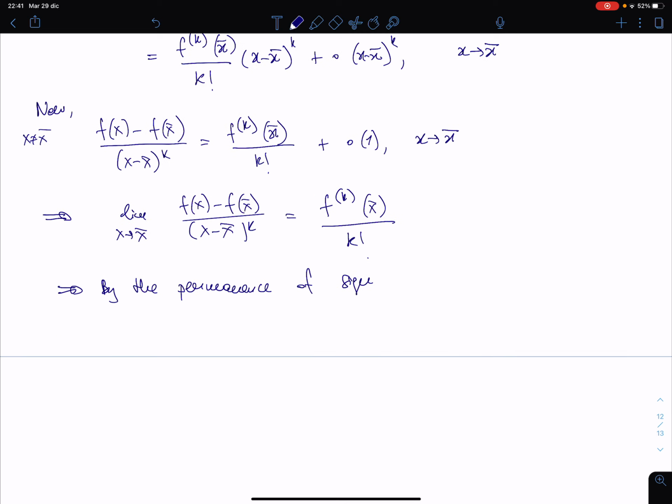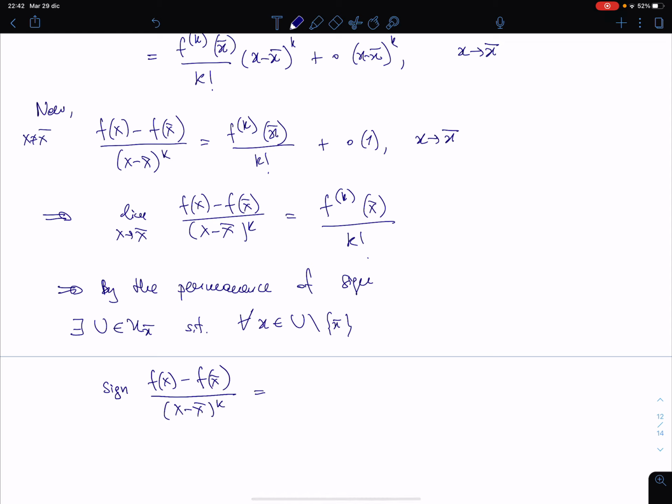So by the permanence of sign, there must exist a neighborhood U such that for every x in U minus x bar, the sign of f(x) minus f(x bar) divided by (x minus x bar) to the k is equal to the sign of f^(k) of x bar divided by k factorial, which is equal to the sign of f^(k) of x bar.